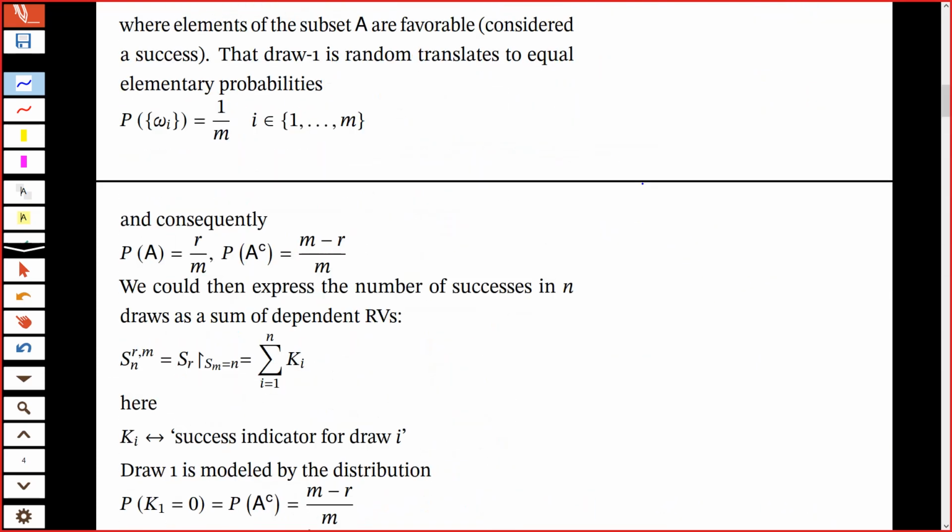Let me just remind you, this summation of dependent variables can be seen as if you are adding the Bernoulli random variables from 1 to j, from 1 to n, with that special conditioning, and that special conditioning is Sm is equal to n.